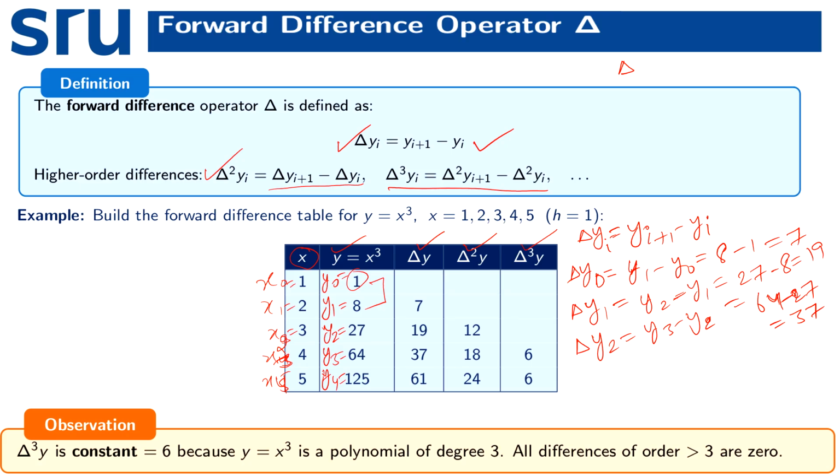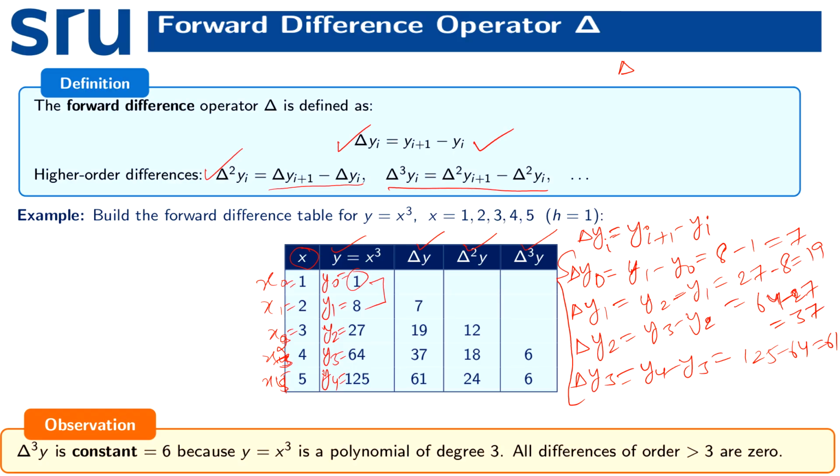Similarly, you can find the next value, delta y3, which is calculated as y4 minus y3. That will give you 125 minus 64, that is 61. These are the values of the first differences.